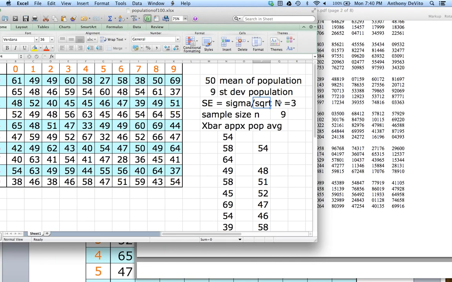The bigger the sample size is, the smaller the standard error, or the tighter this new distribution is going to be. Okay, is everybody at this stage at least reasonably comfortable about this? Give me a yes on that.